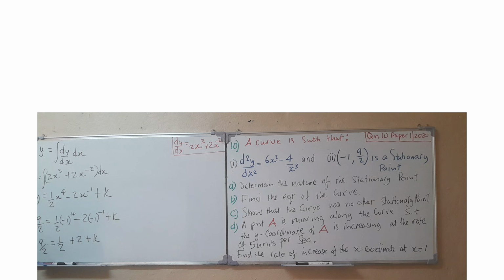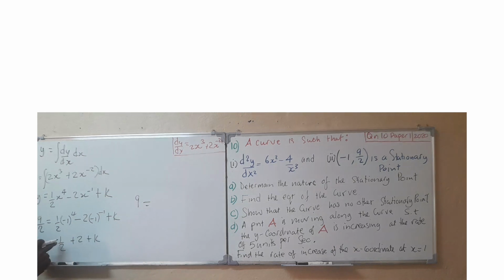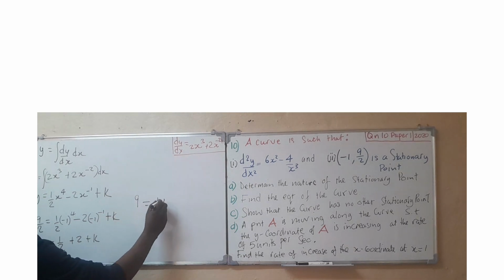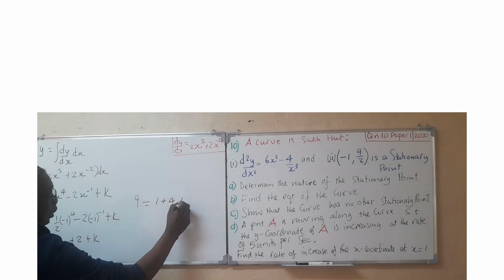Let's just multiply everybody by 2 to get rid of this denominator. Then on this side we have 9. Here it's just 1 there. Here we have a 4, because this was like 2 over 1. Here again we have a 2k.